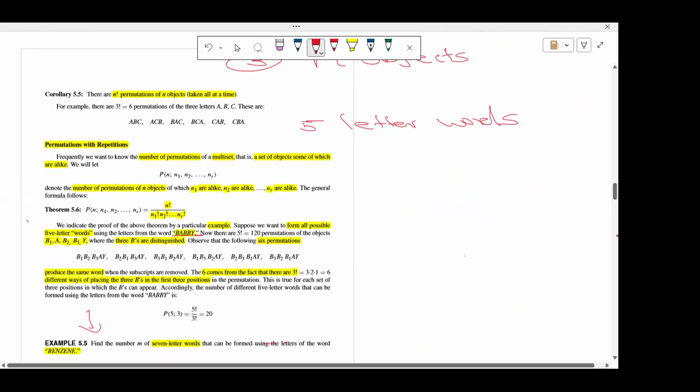Find the number of 7 letter words that can be formed using the letters from the word benzene.